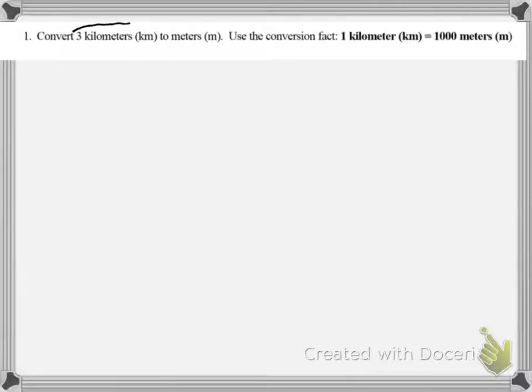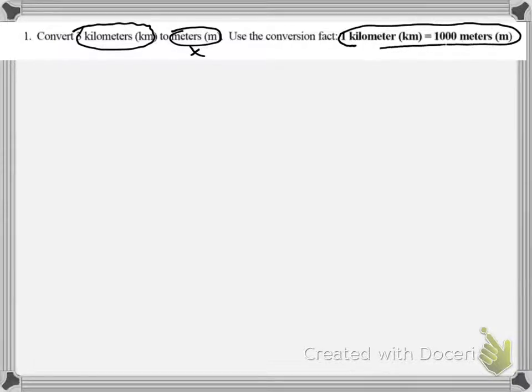So we want to convert 3 kilometers to meters. And again, just like in the last section, you're not going to be required to memorize the prefixes or the units. You'll be given a conversion fact and then just use that to set a proportion and solve it.